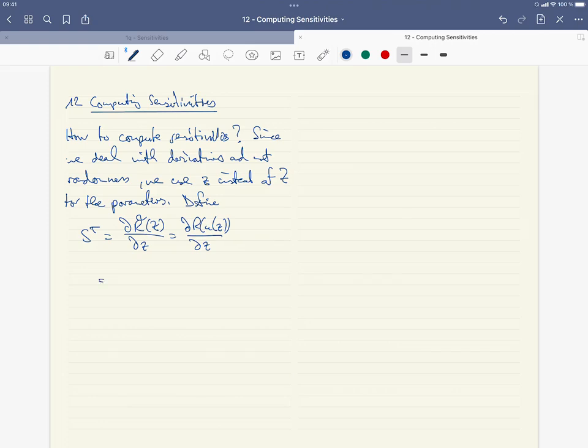And well, if I want to compute this derivative, it's a chain rule derivative. So I have actually the outer derivative of r of u of z times the inner derivative of u of z. Where again z is now, and that's not even an impulsive notation, a vector in R^d of input variables.